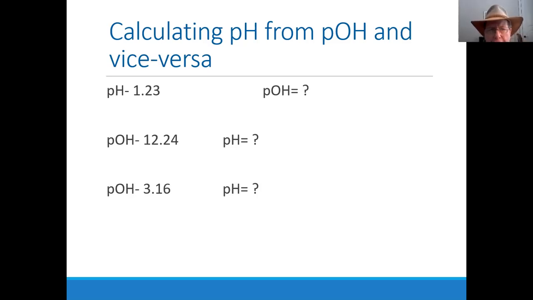If my pH is 1.23, what is my pOH? Remember, pH plus pOH equals 14. 12.77. 12.77. Okay, we're going to go with that.